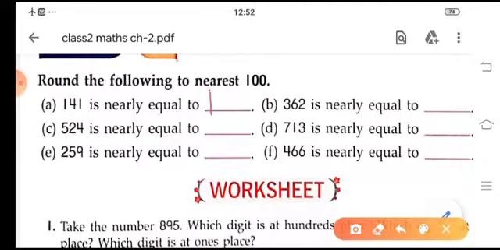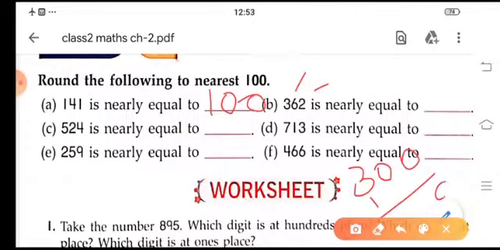So we get 100. Now 362 is nearly equal to 400, because the digit at the tens place is more than 5. So we write 0 in place of 6 and 0 in place of 2, and we add 1 to the hundreds place. 3 plus 1 is 4, so we get 400.